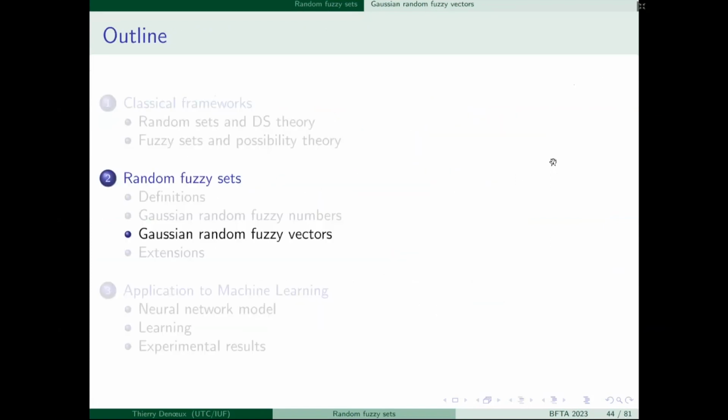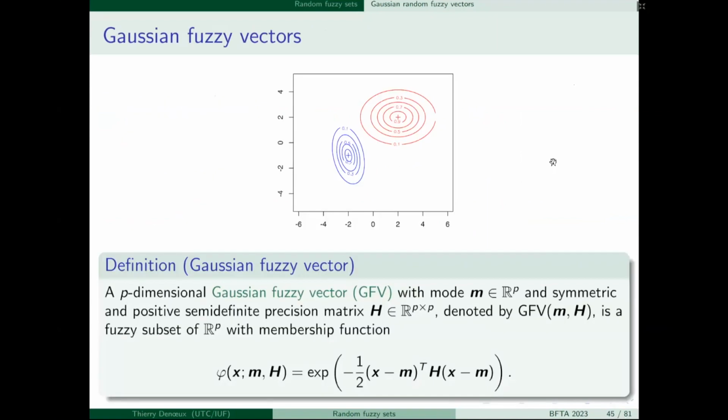Now we can further extend this to Gaussian random fuzzy vectors, because many times we need to represent knowledge about vector quantities. First I introduce Gaussian fuzzy vectors.